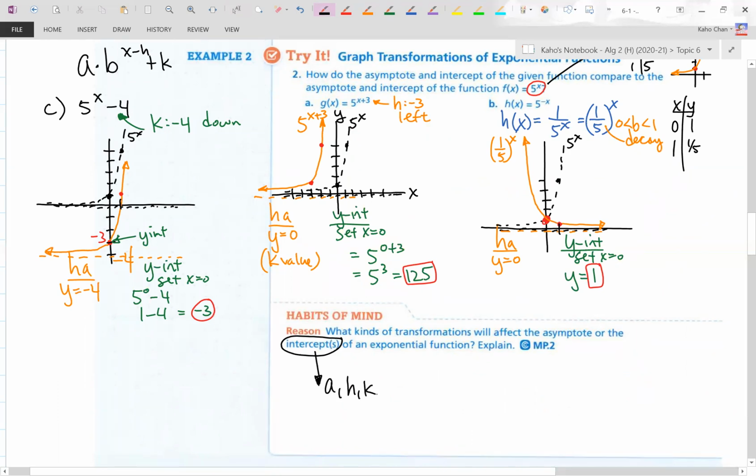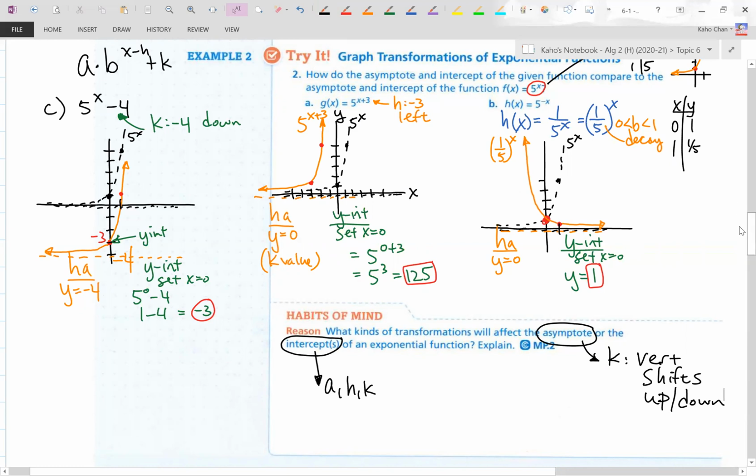The asymptote, which is a horizontal one, is affected by your K value only, which are the vertical shifts, up and down. Okay? All right.